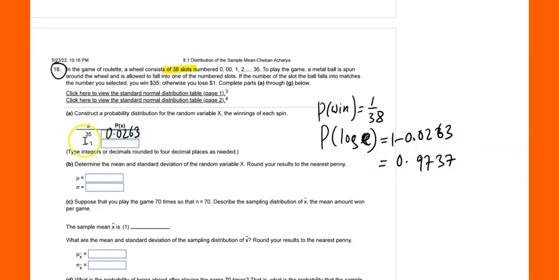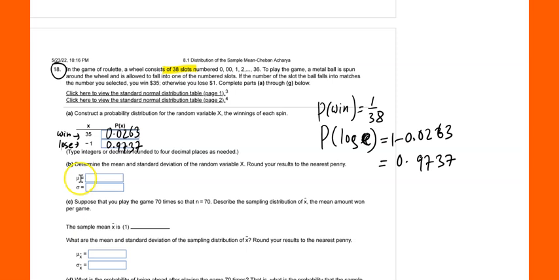So you put -1 here, and the probability for -1 is 0.9737. That means you win -$1. If you win, you win $35. Okay, there are 2 outcomes here, and that's the probability distribution.